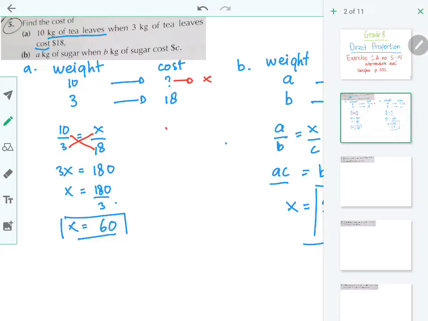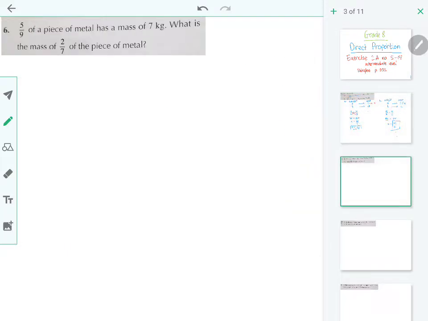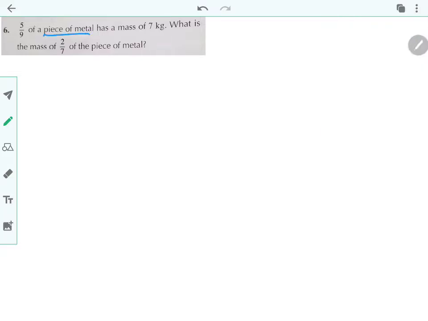Now let's go to the second one. It's number 6. So the variable here is pieces of metal, the number of metal, and the second variable is mass. When I have 5 over 9 metal, I know the mass is 7 kilogram.